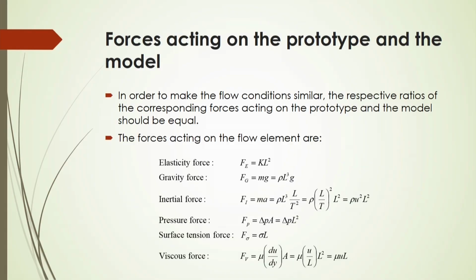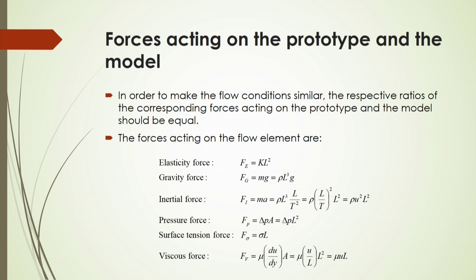Now, we will discuss the different forces that are acting on the prototype and the model, because whenever you are going to analyze the model and prototype based on the forces, you have to know the general forces that take part in fluid related processes.